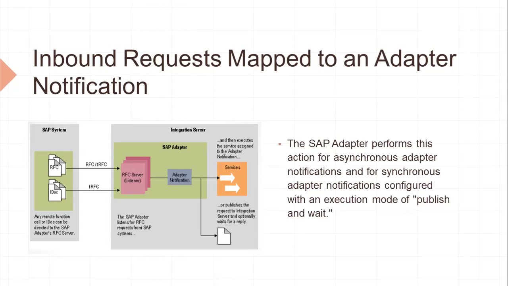Once any function is created or some changes are made on the RFCs of the SAP system, the RFC listener will listen to it and invoke an adapter notification. Then the adapter notification will invoke a service that will execute and send the data, or if it wants to publish it as a document, they can do async processing by sending the data, say, locally published or using JMS.